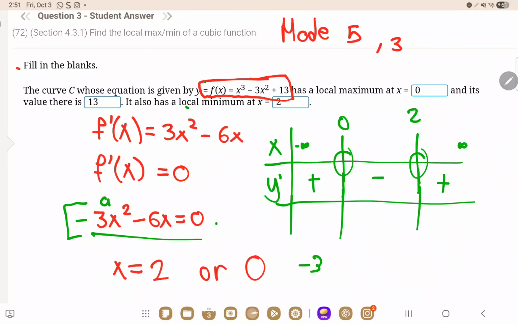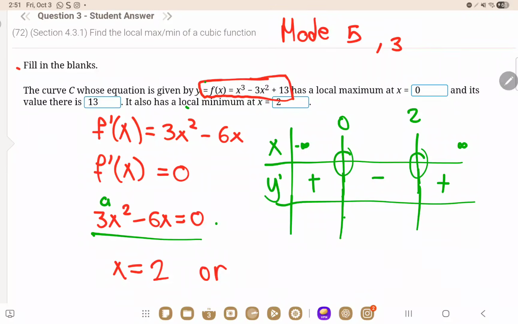So let's say we had negative 3, it would be negative, positive, negative. If we had positive 3, it's going to be positive, negative, positive. You got it? So for the middle, it is the opposite of a's sign, and for the edges, it is a's sign. That's just a little trick for quadratics to save you time instead of substituting 3 values.